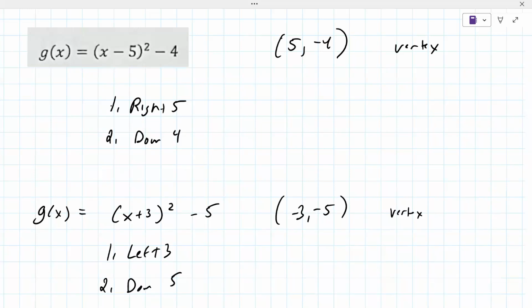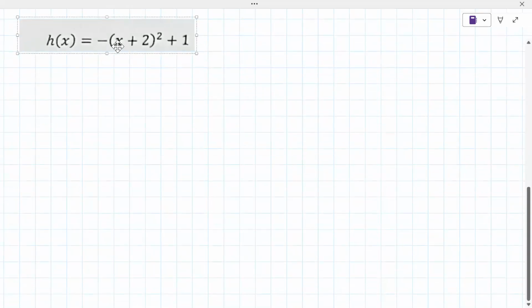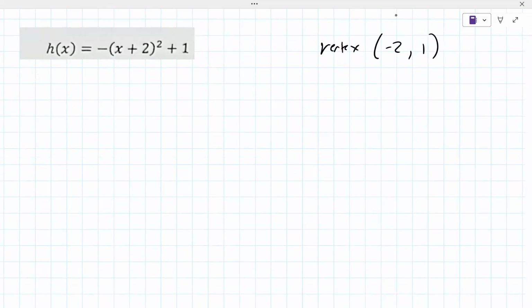Let's look at another one here. Give me the vertex of this, please. That would be -2, comma 1. Good. So there are actually three transformations of this problem.